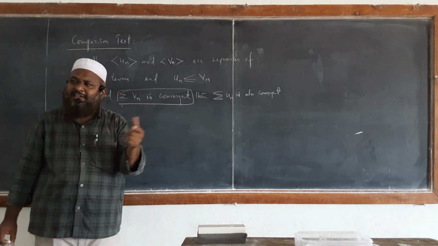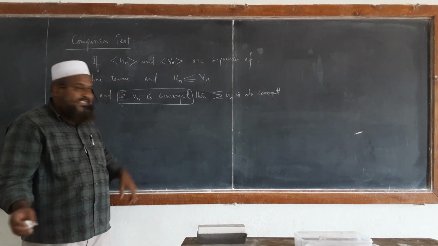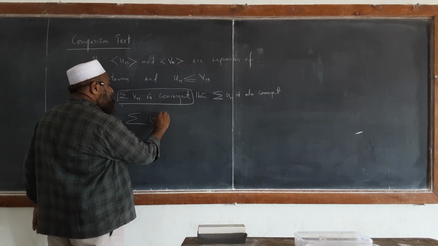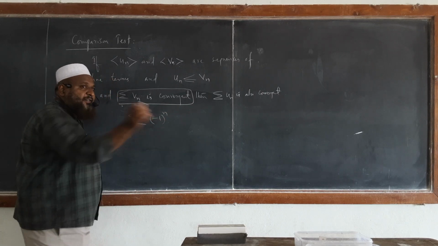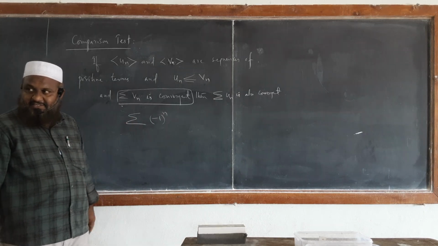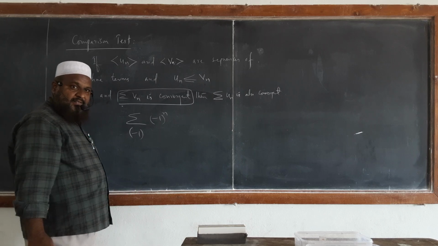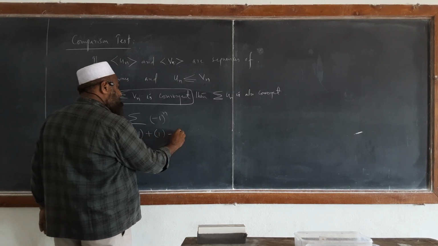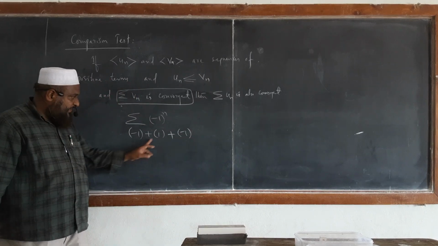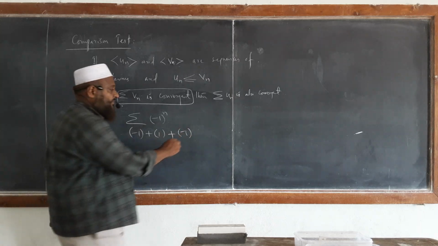Why am I saying unique every time? For example, take sigma of minus 1 power n. How will the terms of the series be? First it will be minus 1, plus 1, plus minus 1, alternately minus, plus, and so on.